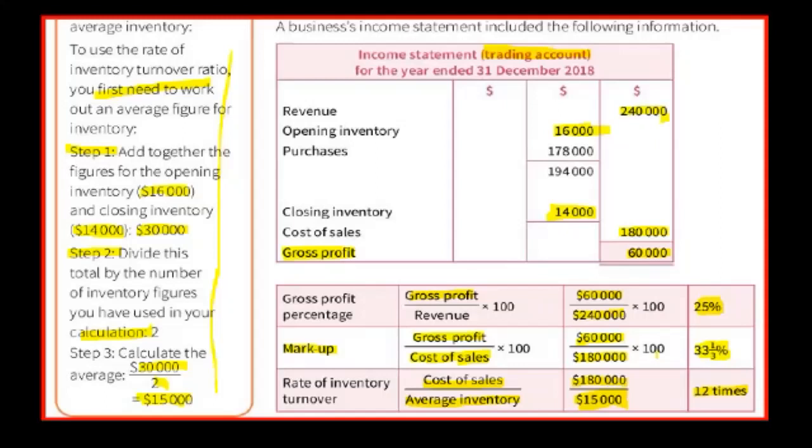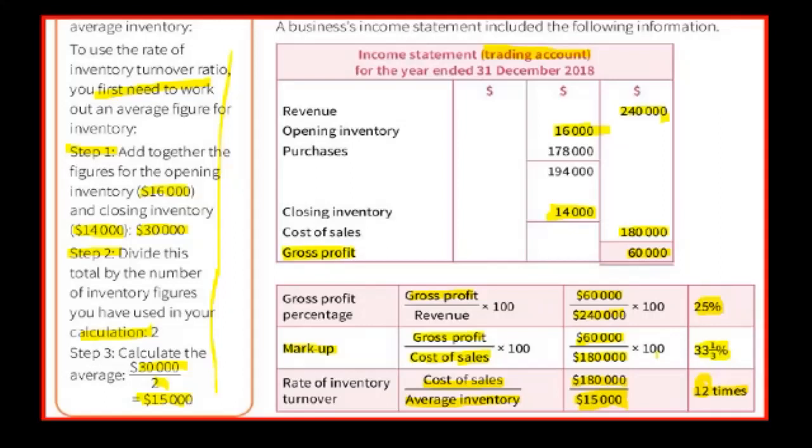What does 12 times mean? It means you are selling your average inventory 12 times. The greater this figure is, the more profit you will make. So you try to sell your inventory as many times as possible to make more gross profit.